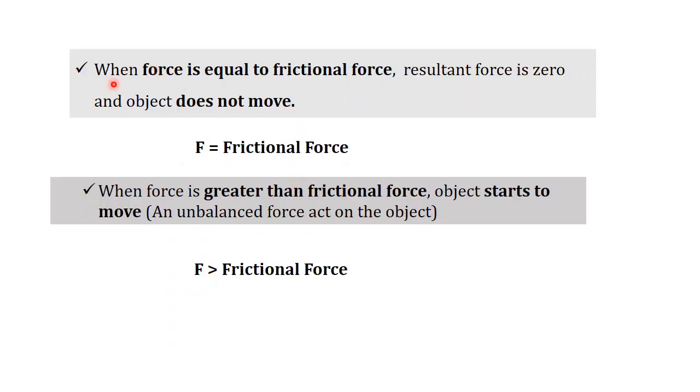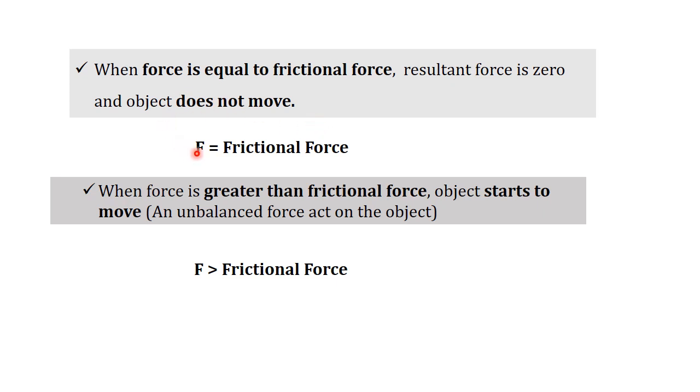Now let's come to the important points. When the force and the frictional force are equal, what will happen? The resultant force is 0. If the resultant is 0, what will happen? The object does not move.